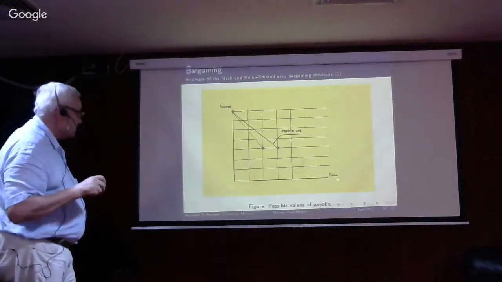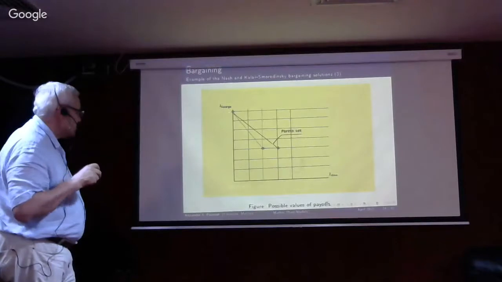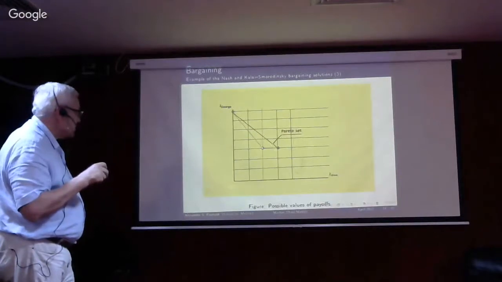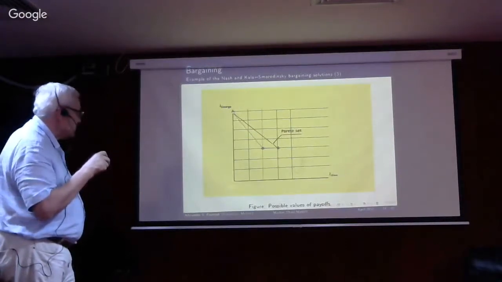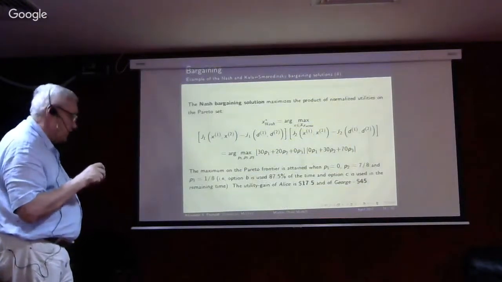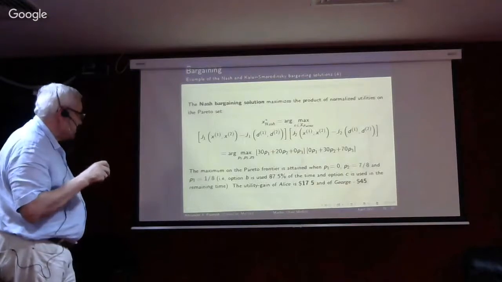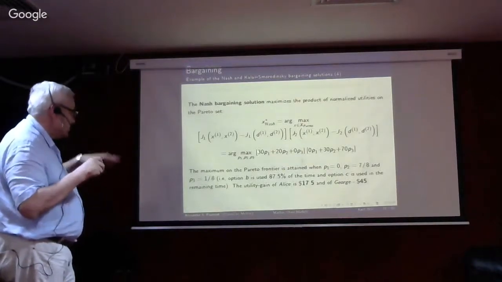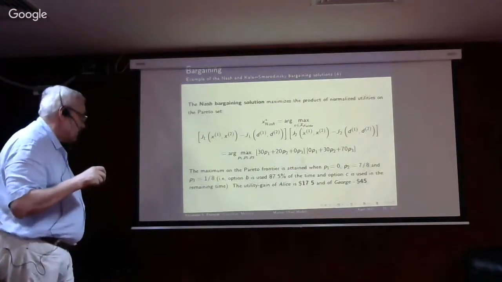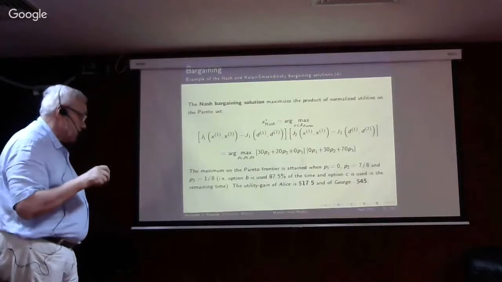It's an example. Two participants, Alice and George, and here the Pareto set is this one. This is the first part, and this is the set of possible values. And here the Nash product: we calculated, substituted values, optimized, and using the Nash approach, Alice will gain $7.50 and George 45.